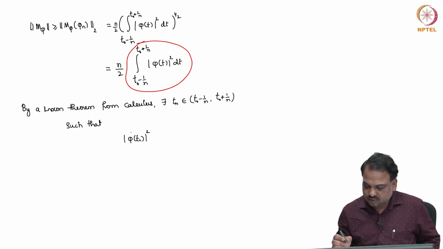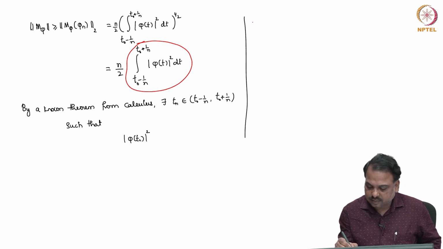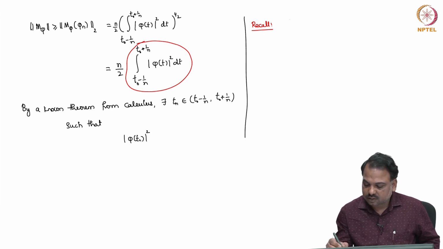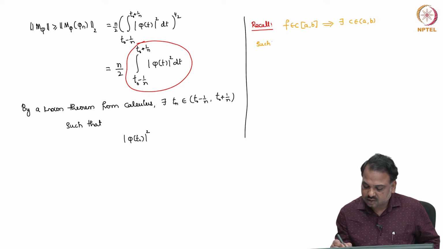Here we are going to use the following result. Recall: if f is a continuous function defined on a, b, then there exists a point c interior to the closed interval a, b such that f of c is 1 by b minus a times the integral from a to b of f of t dt.